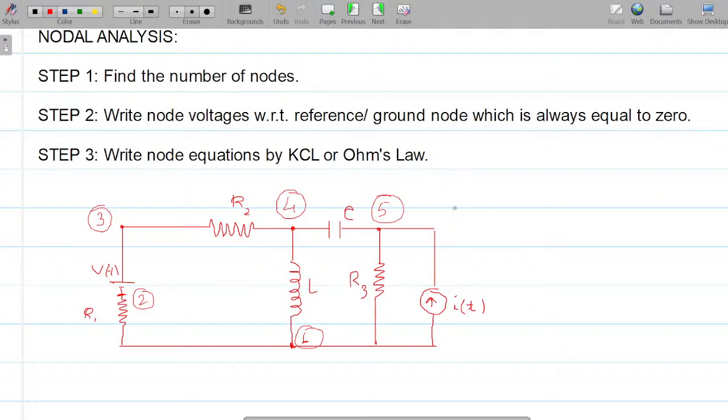You need to travel point by point. In case this is your first node, just travel point by point and you'll realize wherever you encounter any element which is supposed to cause a change in potential, you will mark that point as a node.